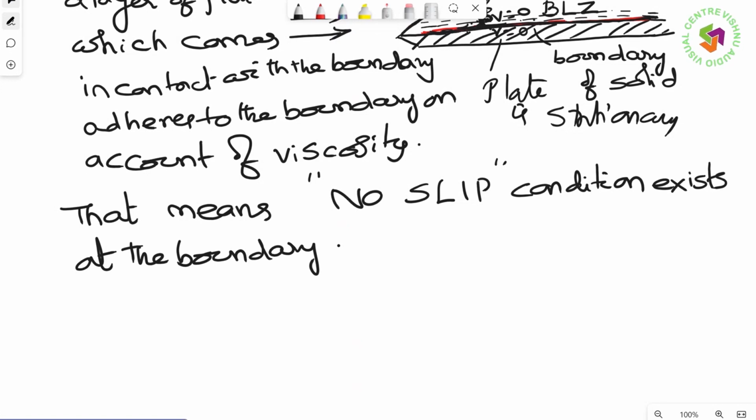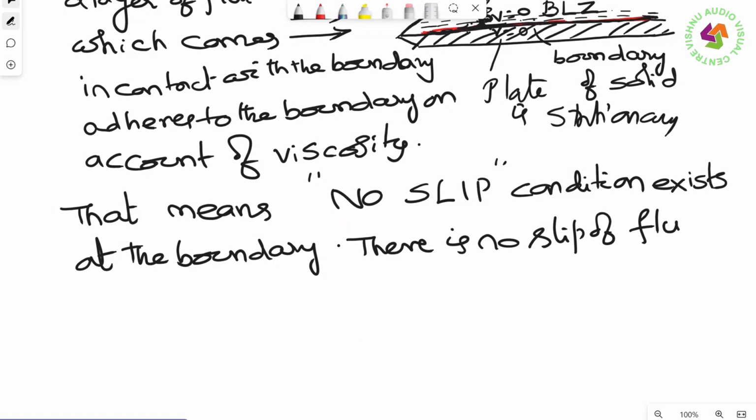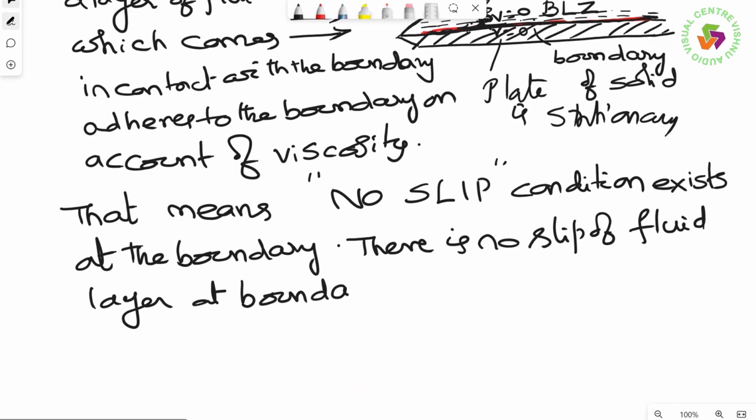No slip condition exists at the boundary means there is no slip of fluid layer at the boundary.